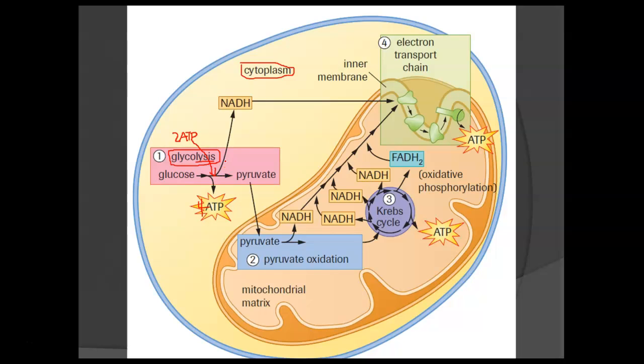What results from this process is we get glucose being broken down into, I'm going to change colors just to make it a little easier for you guys to see. What we end up producing is 2 pyruvate molecules. And some of that energy that's created from breaking the bonds of glucose is also going to be used to create 2 NADH molecules. Now, I'm going to back it up for a second here.